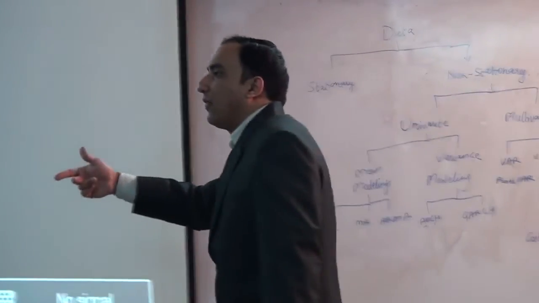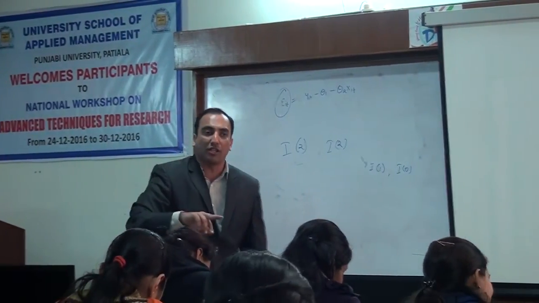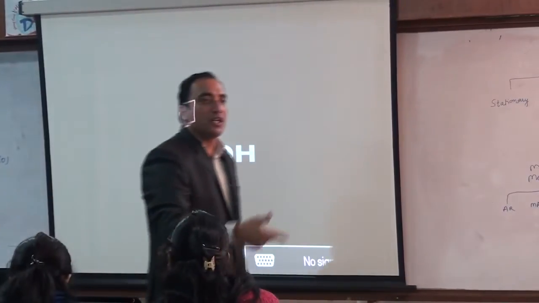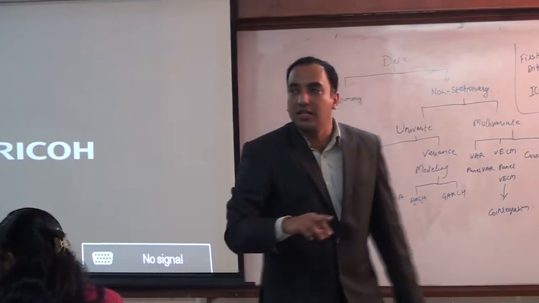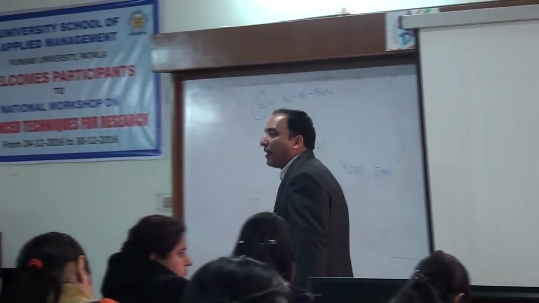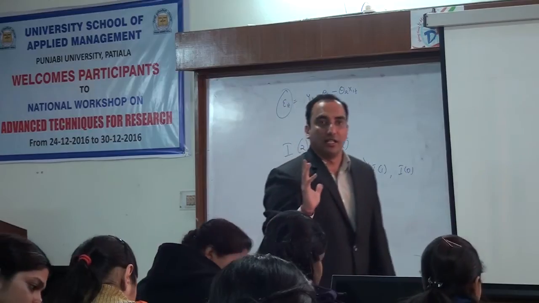Similarly, whether GDP is causing inflation or inflation is causing GDP. Whether GDP is causing export or export is causing GDP. Whether GDP is causing capital formation or capital formation is causing GDP. Whether India's GDP is dependent on China's GDP or China's GDP is dependent on India's GDP. You have to do causality.